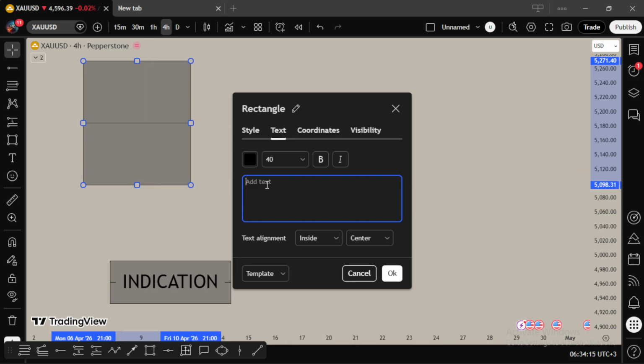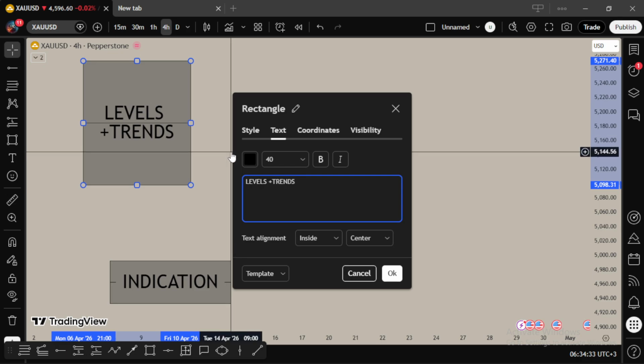The first thing is levels. Levels plus trends. You need to understand that.